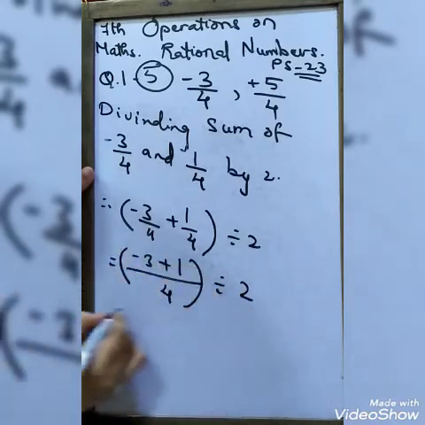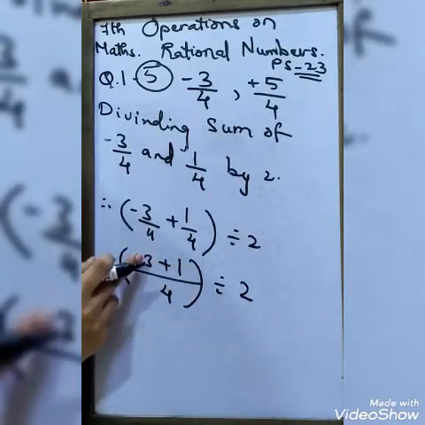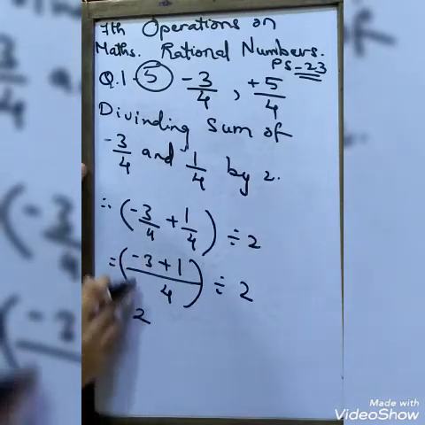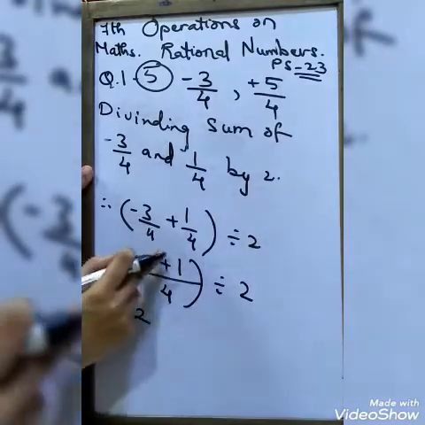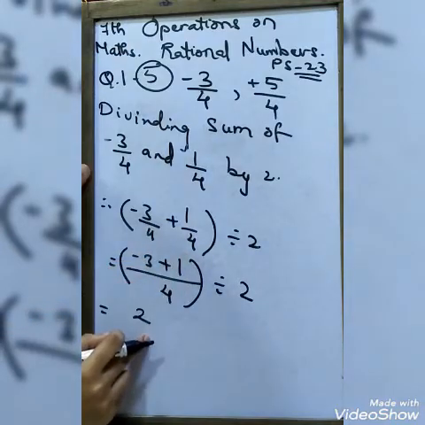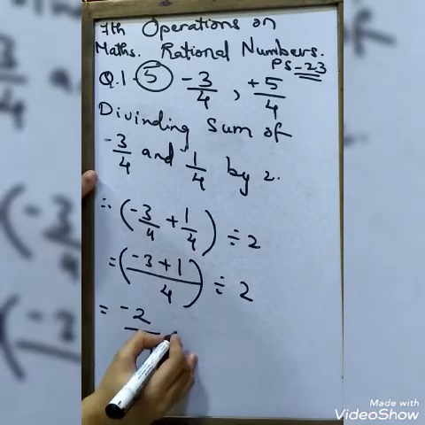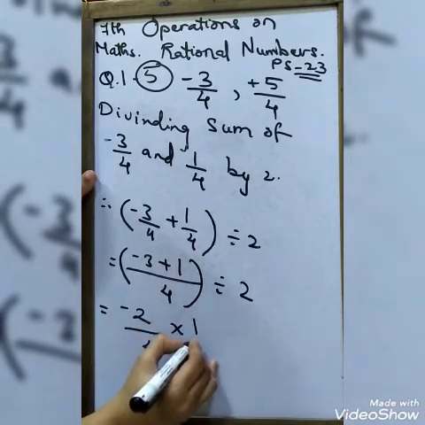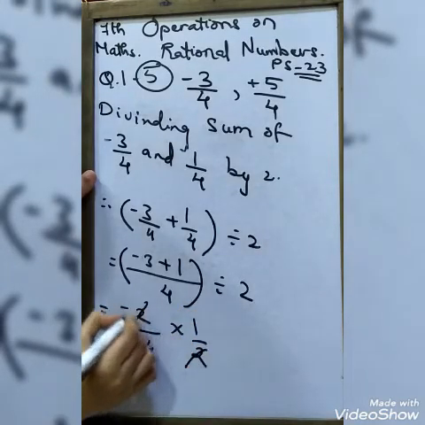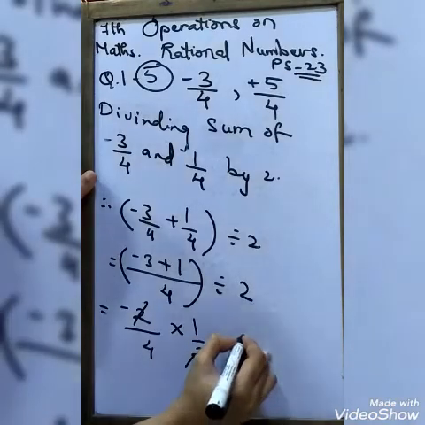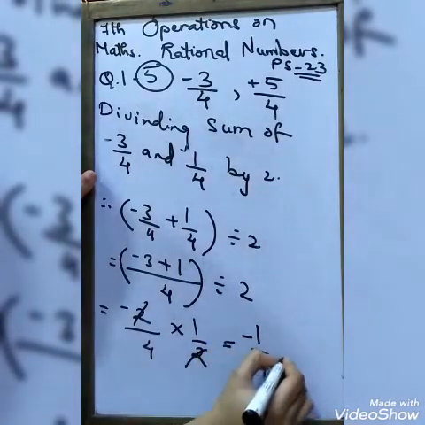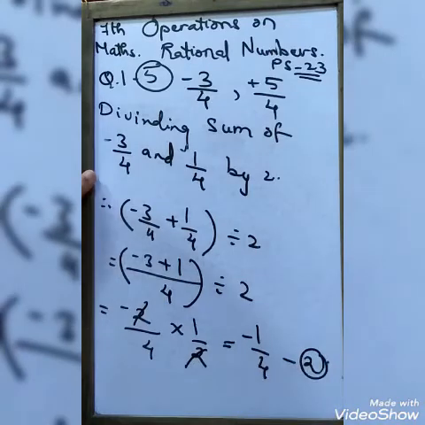Who's bigger here? 3 is bigger. 3 minus 1 is 2, but the sign of minus will come here. Now 1 upon 2, so this gets cancelled. So the answer is minus 1 upon 4. This is our second number.